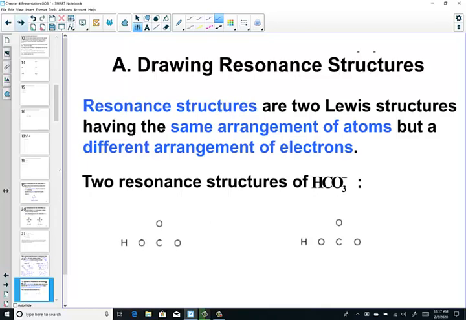The atoms are connected in the same way, but the different arrangement of electrons means the bonds between atoms may be different. Let's give you an example of one.